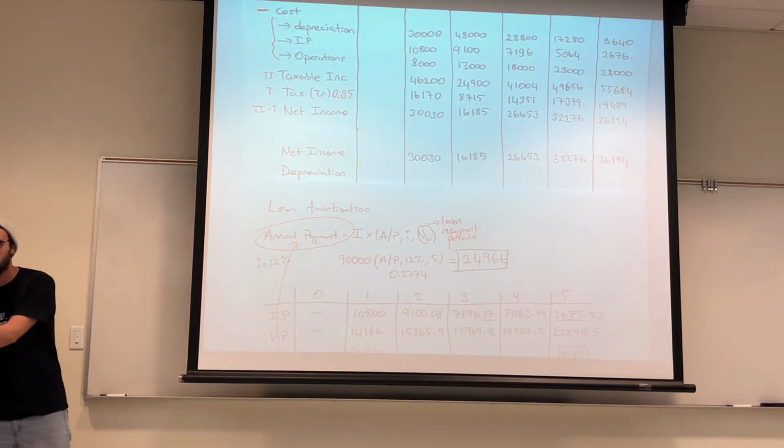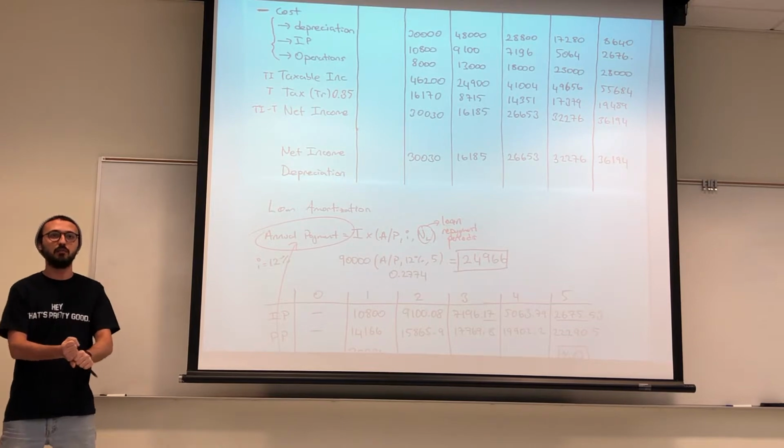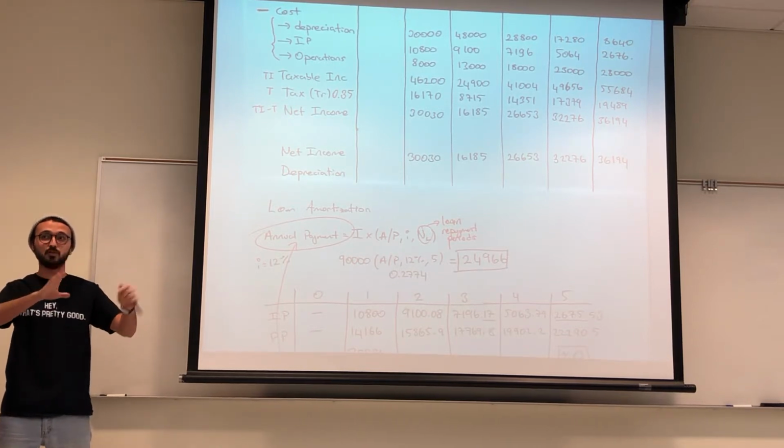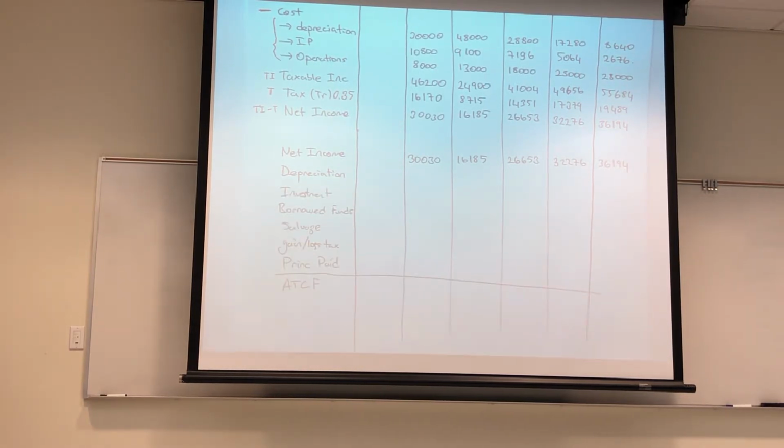We don't actually take $30,000 out of that machine, pull it out, and give it to someone. So that money actually did not leave our pockets. And this after-tax cash flow is actually the real money that left our pockets or came into our pockets, right? So that's why we add back the depreciation, because that didn't actually happen.